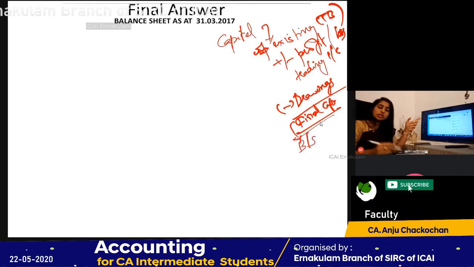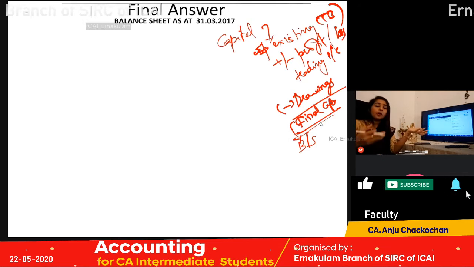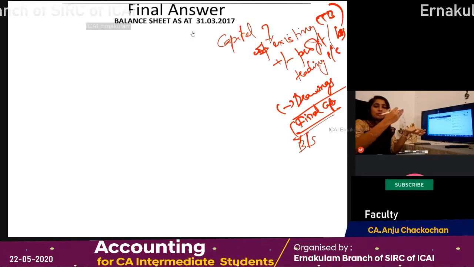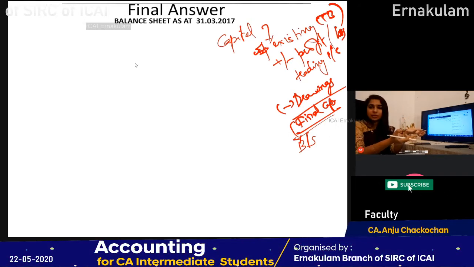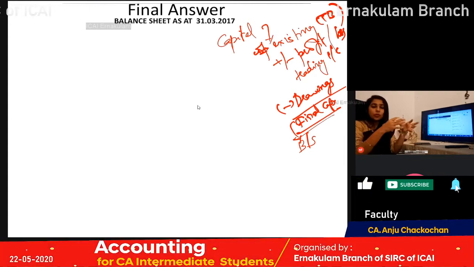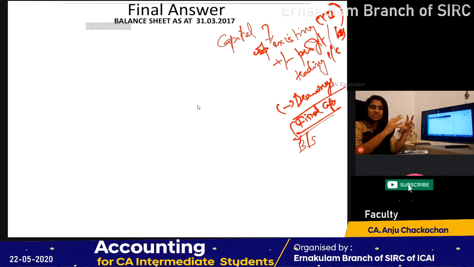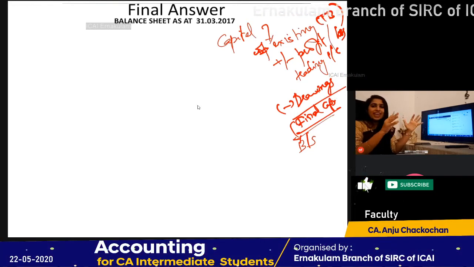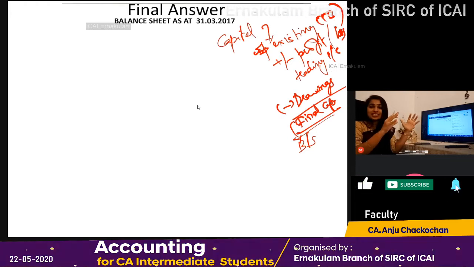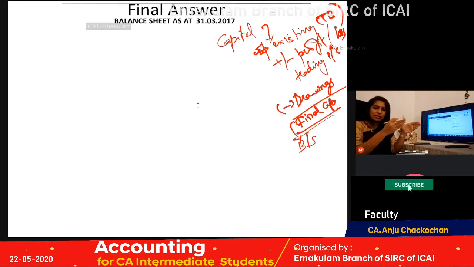So we have the capital in the TB, we add or minus the profit or loss in our trading P&L, and then we reduce the drawings to get the final capital. That is the only additional task. All other expenses, assets and liabilities are straight away given in the trial balance in the question.